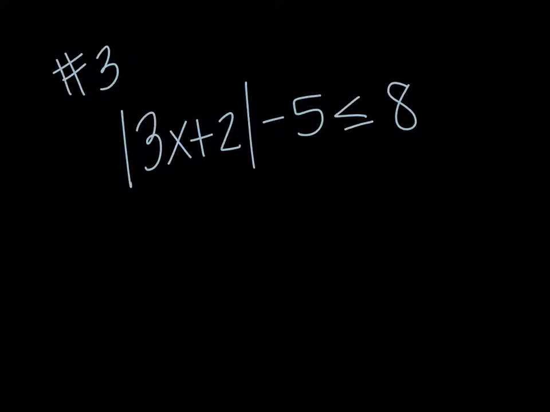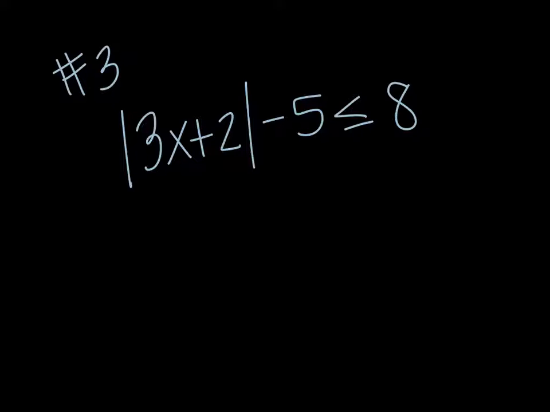This is example number 3 from your notes. I just wanted to do one more with you where the absolute value was not by itself on the left-hand side. You can't split the inequality into two until the absolute value part is by itself. So what you need to do is get rid of this minus 5 first and then split it up. If you have something minus 5, how would you move it to the other side?